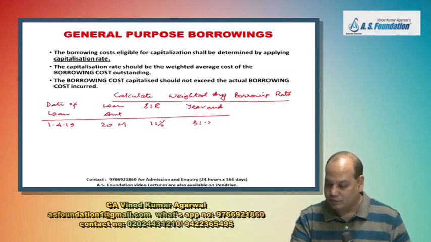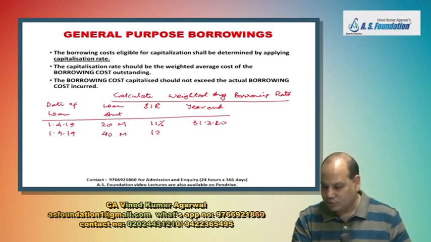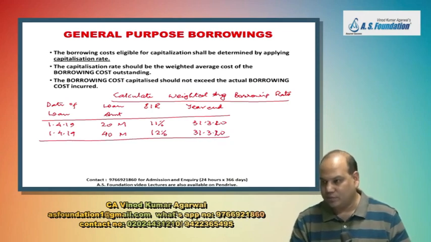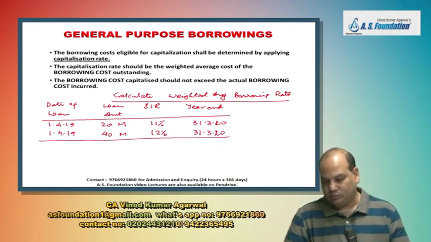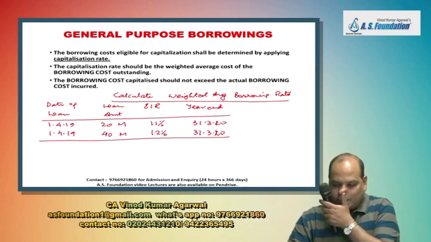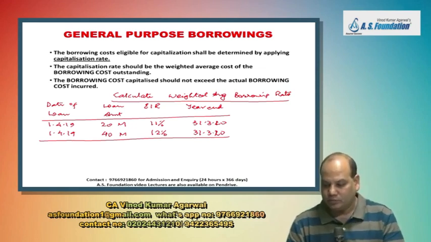Year ending date 31st March 20, and same 1/4/19, 40 million, 12%. Year ending date is 31st March 2020. First I'll take this simple example. Now how to solve the problem?